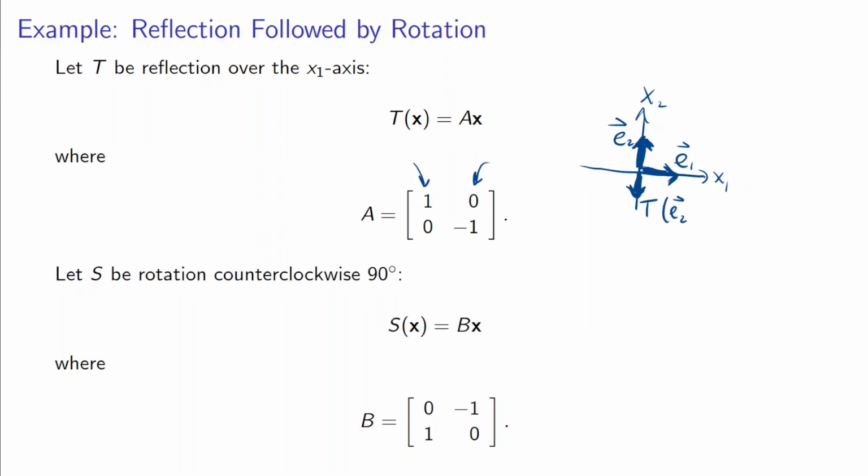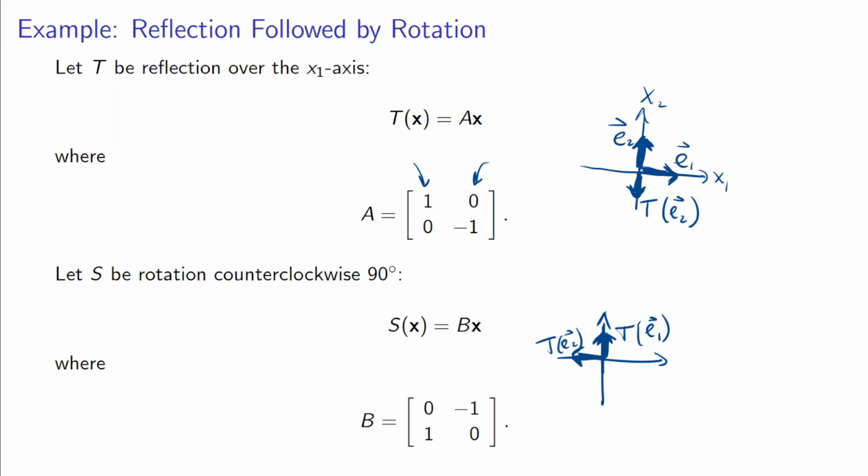So this would be T of E2. Same thing for the rotation by 90 degrees counterclockwise. E1 would go to the position that E2 started, and E2 would rotate over here. So T of E1 is (0, 1) and T of E2 is (-1, 0).